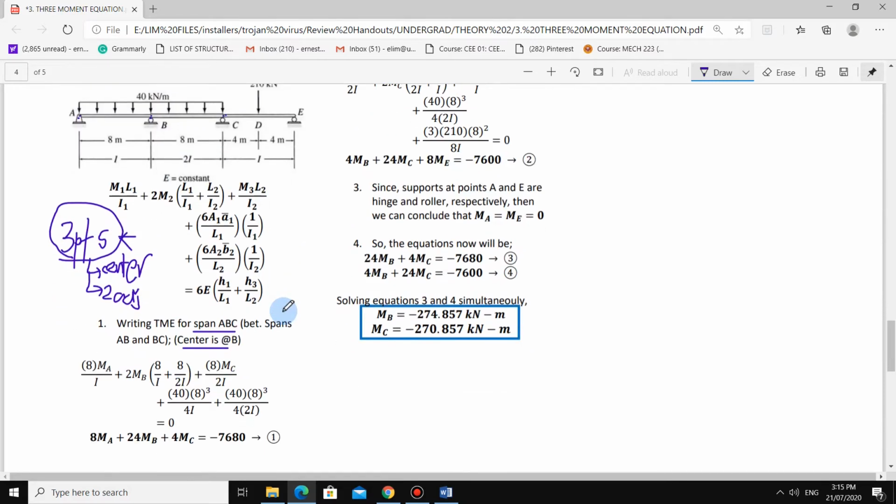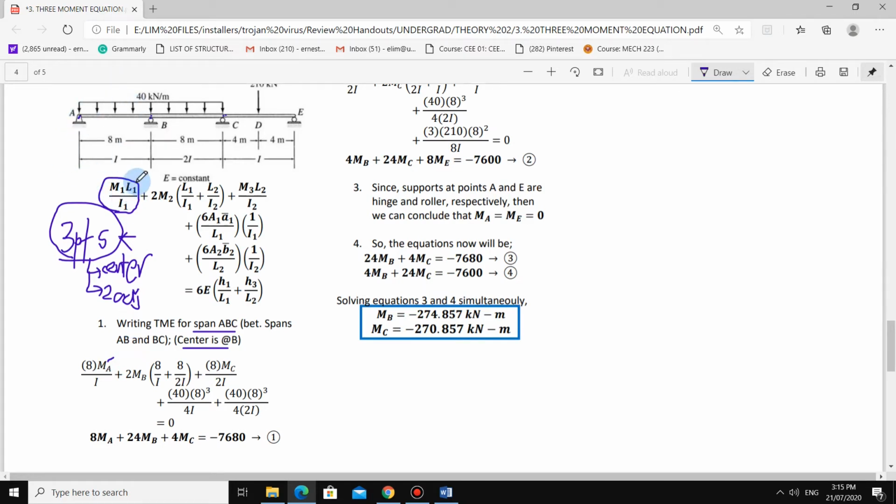Okay, using the 3-moment equation, here is the first term: M1 L1 over I1. Who is M1 here? Who is at the left support of B? It is A, so that is MA.